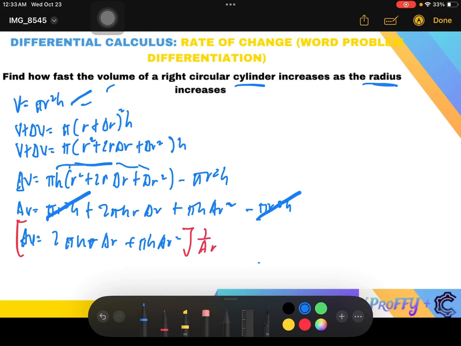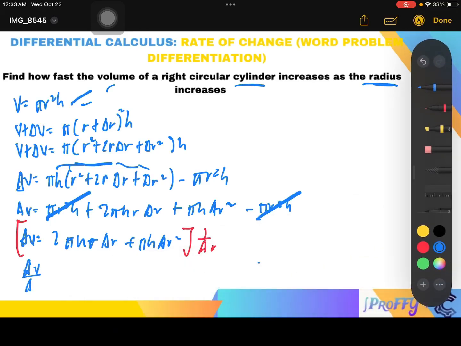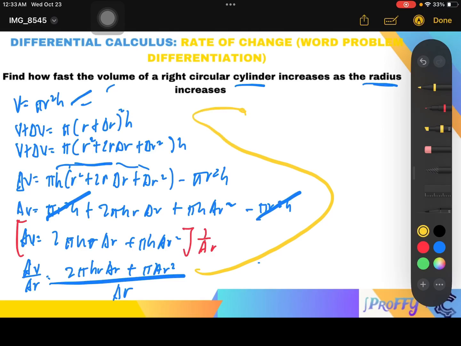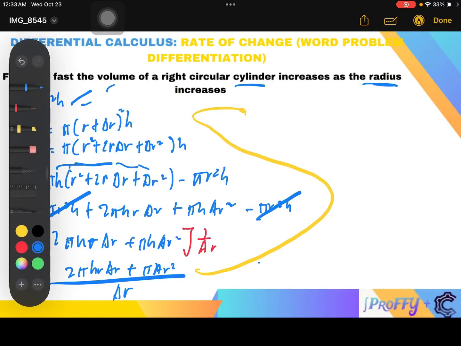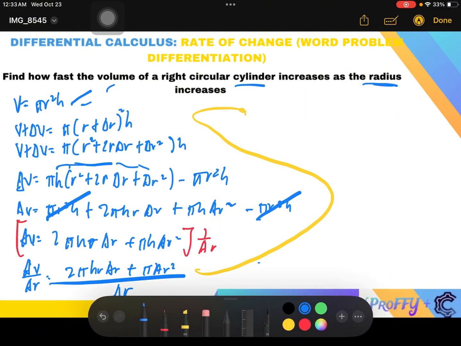delta r. After nyo mag-divide both sides by delta r, ang mangyayari nyan is delta V over delta r equals 2 pi h r delta r plus pi h delta r squared over delta r. Then factor out the delta r sa numerator. So delta V over delta r is equal to delta r, ang nasa labas 2 pi h r plus pi h delta r, over delta r.